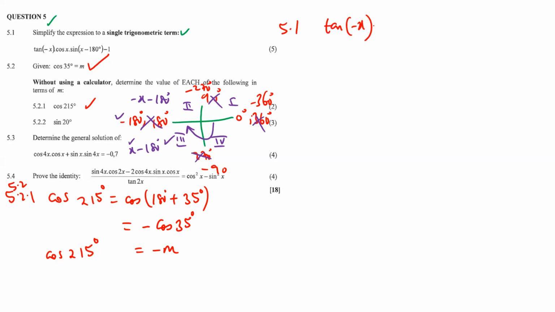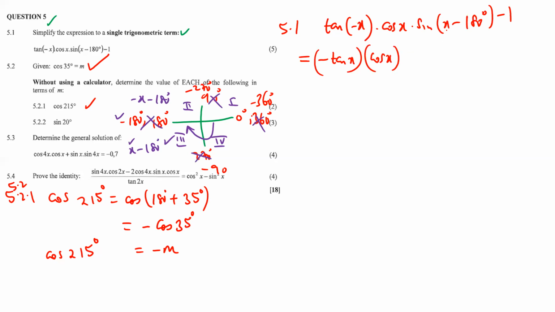5.1 is the tan of minus x, cosine x, the sine of x minus 180 degrees, minus 1. Well, I was saying that the negative angle minus x is in the fourth quadrant. In the fourth quadrant, the tan is negative. And then obviously you have cosine x.